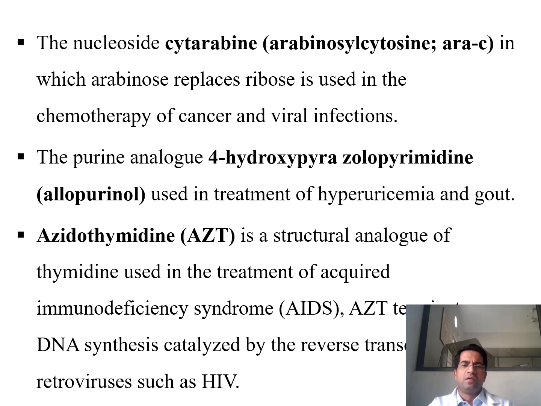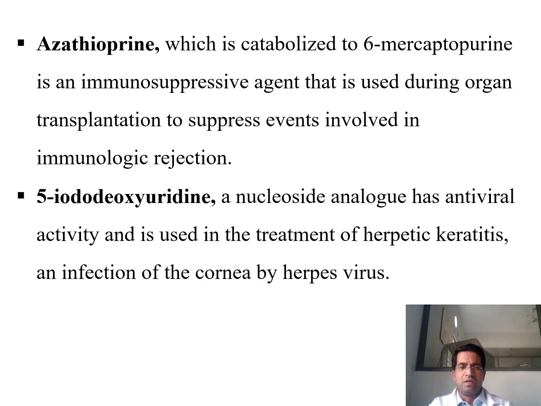Other than that, cytarabine and allopurinol, which is used in the treatment of hyperuricemia and gout, are also synthetic nucleotides. Azidothymidine, which is used in the treatment of AIDS, is also a synthetic nucleotide.